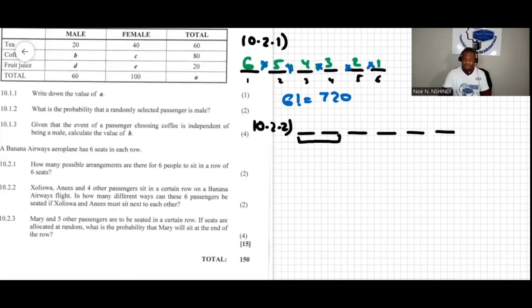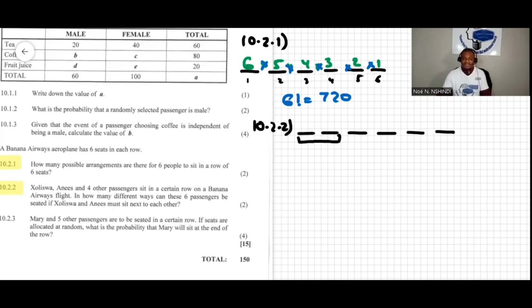Let's read the question over again. We did 10.2.1. Now we're doing 10.2.2. Colisa, Anis, and 4 other passengers sit in a certain row on a Banana Airways flight.